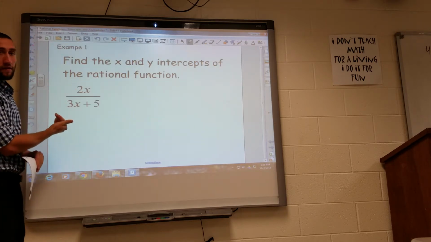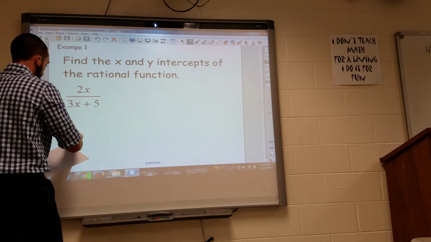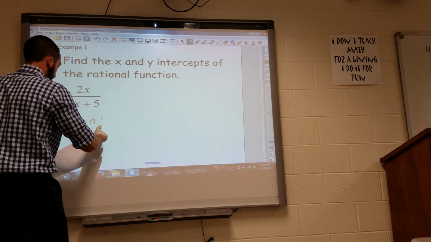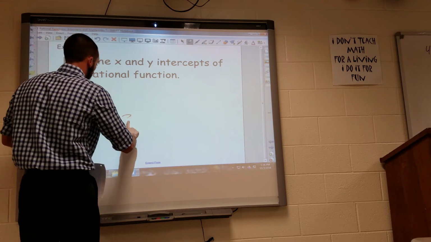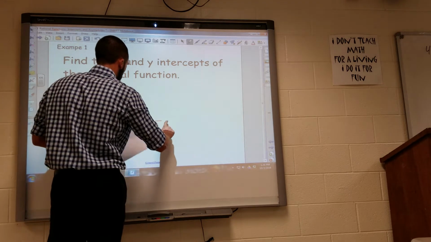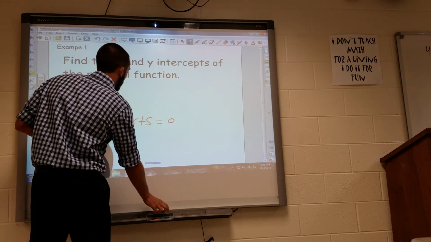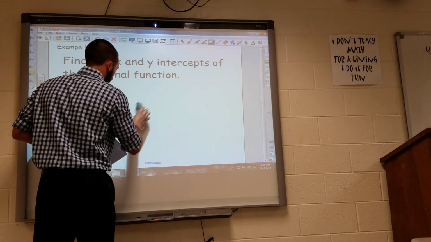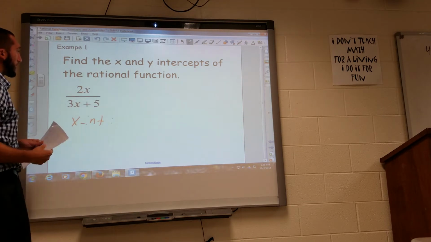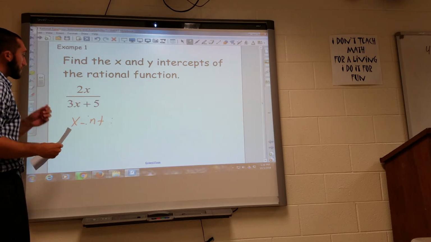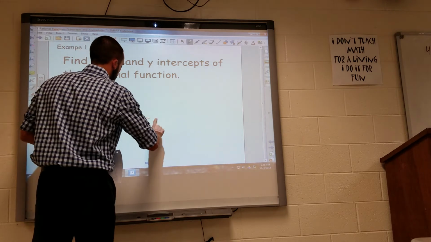So it's completely factored. There's no other way we're going to do this. To find the x-intercept, we use the zeros of the numerator. I got that a little backwards there: the zeros of the denominator come from setting 3x plus 5 equal to 0, but the zeros of the numerator are the x-intercepts. So we set 2x equal to 0.